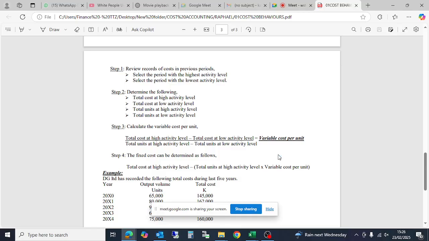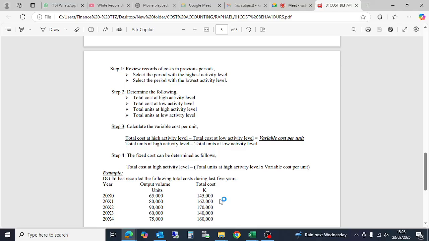The highest and the lowest. The highest is the 170, and the lowest is 140. Yes, you can still see my screen, right? Because I just hit something that shows share screen. Okay.